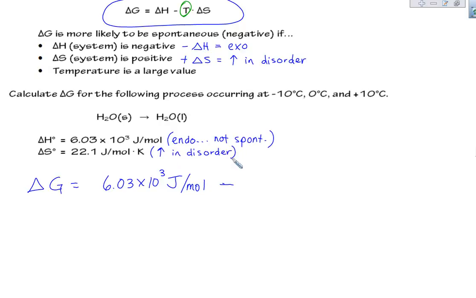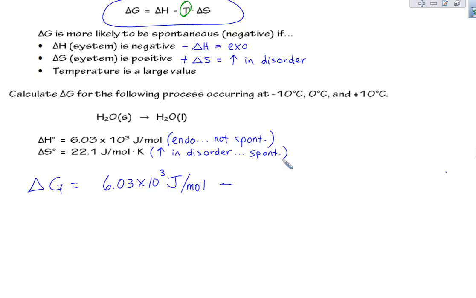I have two opposing forces. The reaction is endothermic, which is typically not spontaneous, but I do have an increase in disorder, which is typically spontaneous. I'm going to write that in there. This would typically be spontaneous. I guess it all comes down to the temperature then.